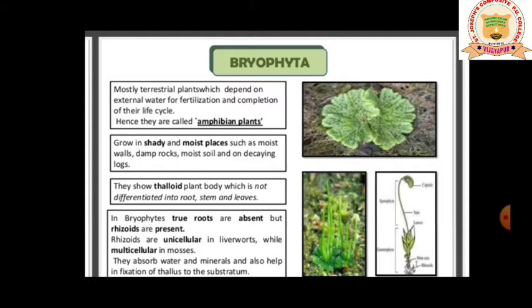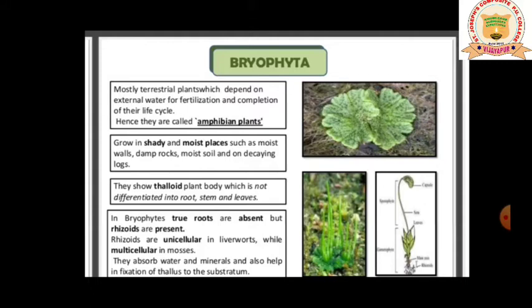Logs means the broken branches of trees. Huge branches or trunks of trees which have fallen down are said to be logs. Bryophytes need the shady place, they need moist places, damp rocks, and mostly they grow on decaying logs.